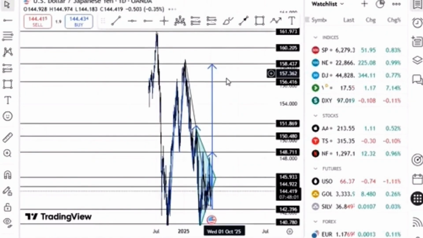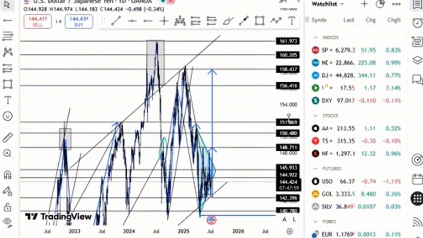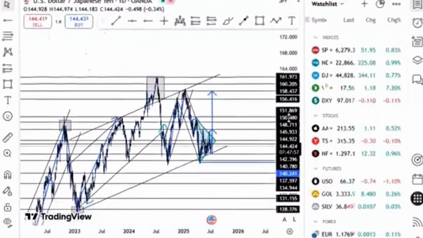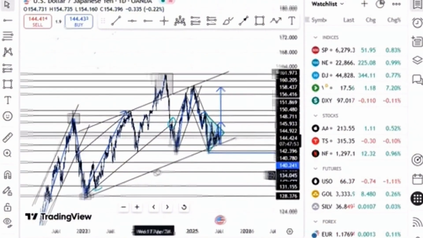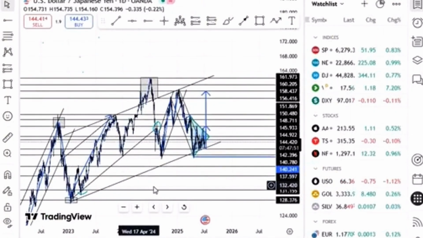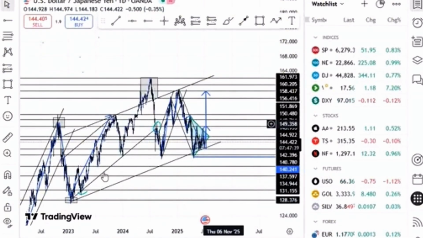Let's go to a daily time frame and try to explain to you how I'm actually saying this. As you can see, the lows have been on their lowest low, right? And since it has been on its lowest low, it's not planning on going back there, because there's a high chance that it will shoot to the upside. Reason being that we can see this overall direction, which is a bullish direction.